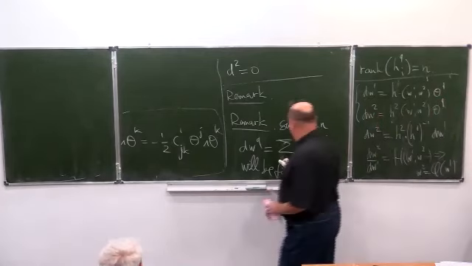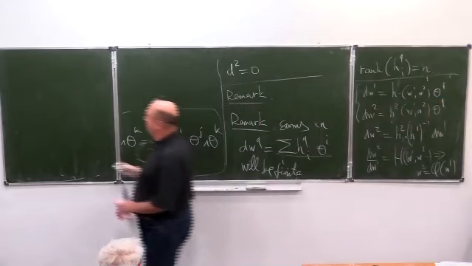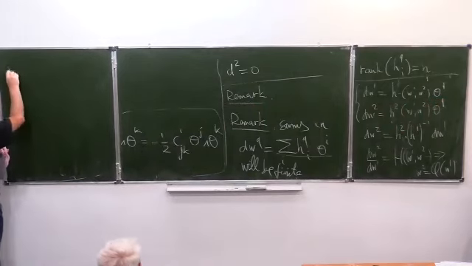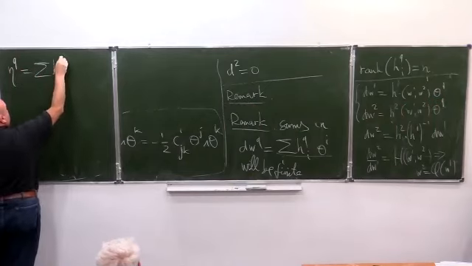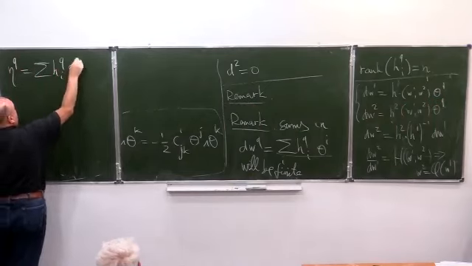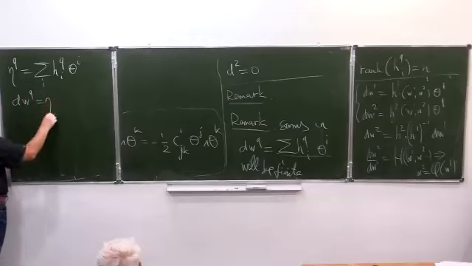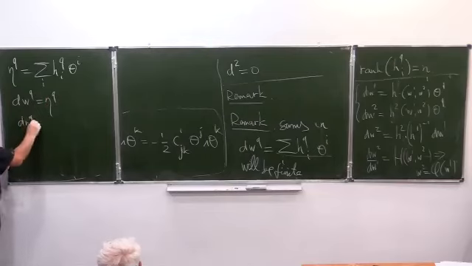So we can rename. We consider new one-forms eta_q equal to the sums. And then dw_q is eta_q, and so d eta_q should be equal to 0.